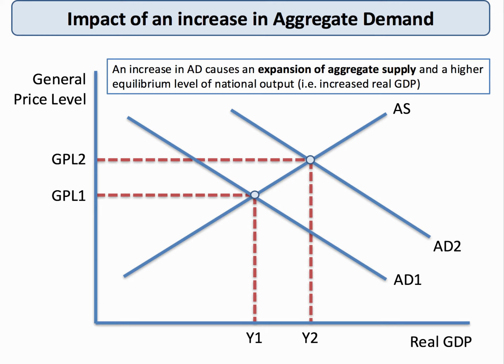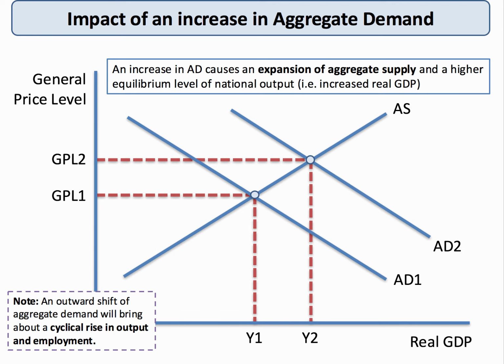Y1 moves to Y2, and also depending on the elasticity of the aggregate supply curve, it could lead to an increase in the general price level as well. So that's a shift in aggregate demand, and the phrase which is good to use in the exam is that an outward increase in demand will lead to a cyclical rise in output, and hopefully also an improvement in the labour market.